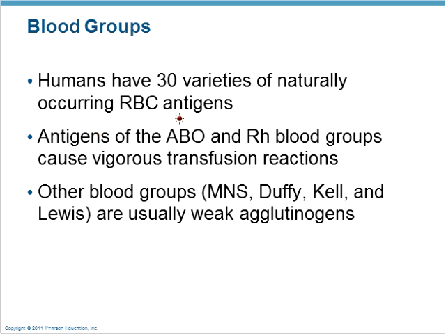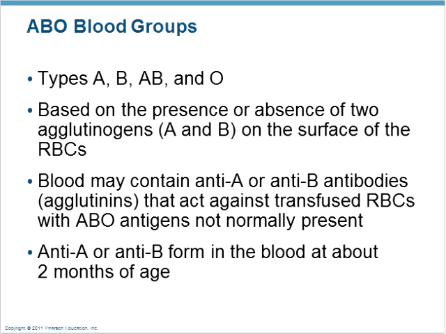ABO stands for blood type A, blood type B, blood type O. Other blood groups, MNS, Duffy, Kell, and Lewis, are usually weak agglutinogens, so they cause weak agglutination, if you will. We talk about the ABO group. We have 4 potential blood types. We have type A, type B, type AB, and type O. And the blood types are based on the presence or absence of 2 agglutinogens or 2 antigens on each red blood cell, that being A or B on the surface.